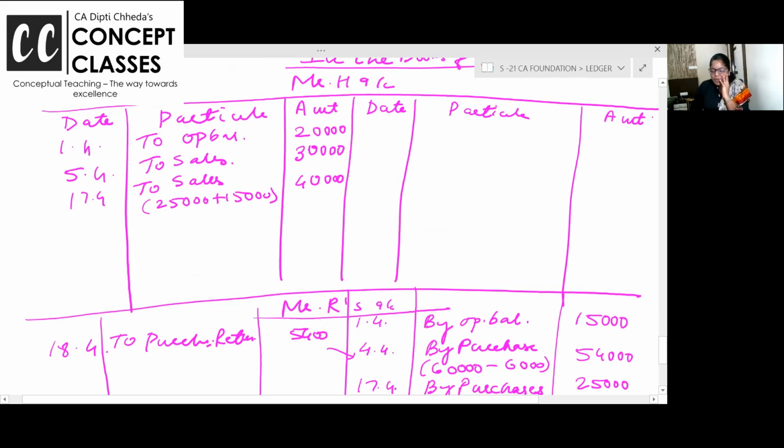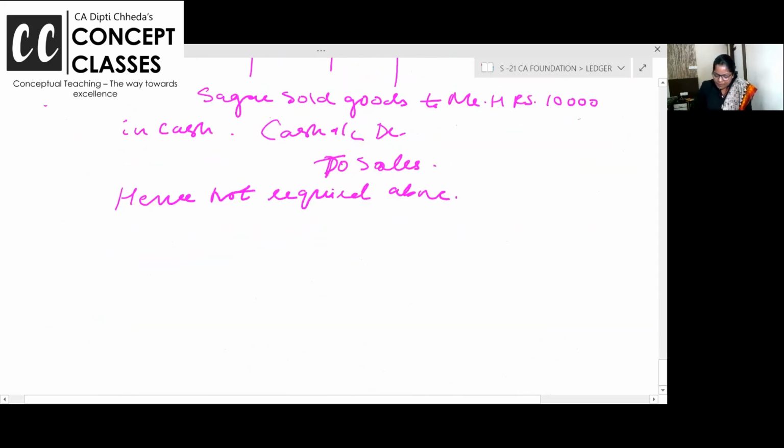So H has cleared half of the dues, enjoying the discount, and of the payment received, 20,000 was received by check. Chalo, let us record it.